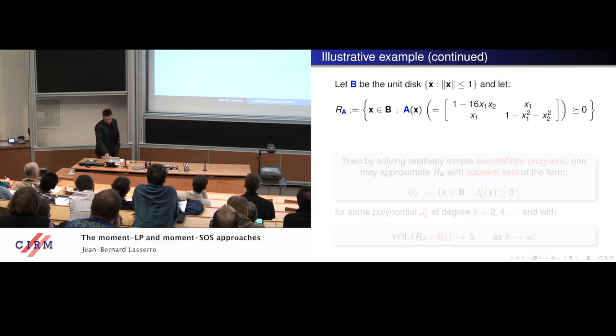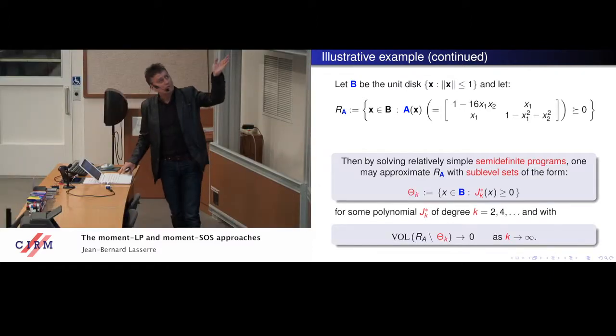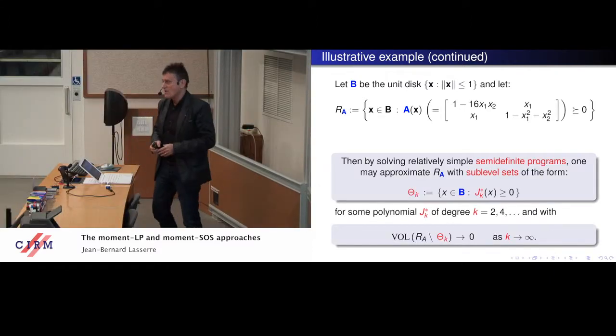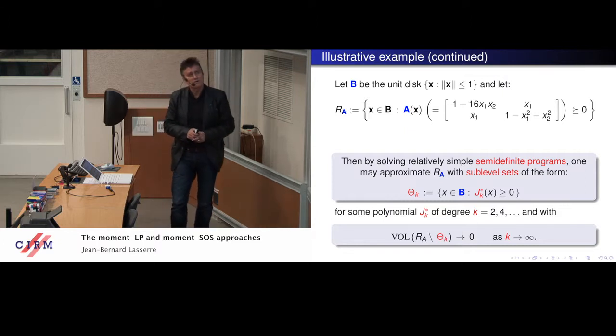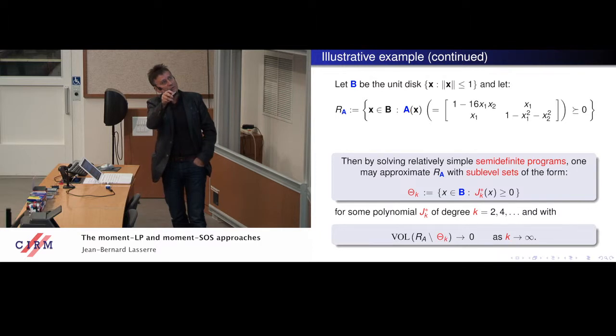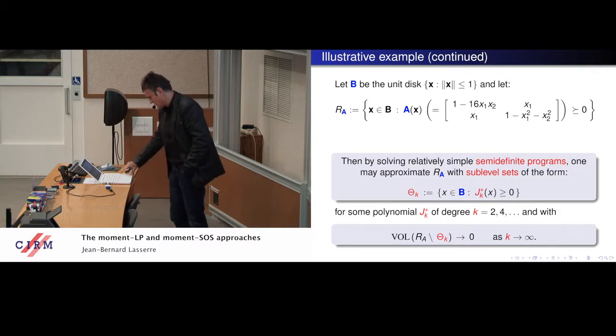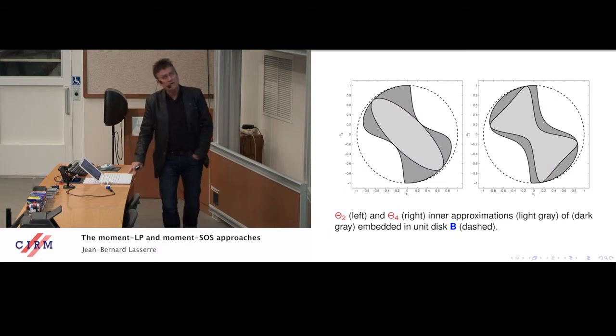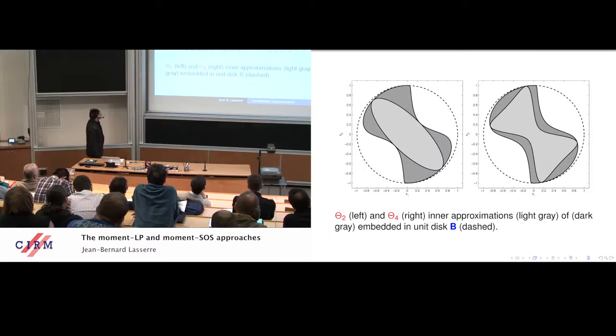So to give you an example of how it works, here you have this nonlinear matrix inequality. You apply this methodology, so you solve a hierarchy of SDPs, which are relatively simple to define. For each k in the hierarchy, you obtain a polynomial theta_k and an associated sublevel set. Just as an example, the set that you want to approximate in this case is this non-convex set in gray.